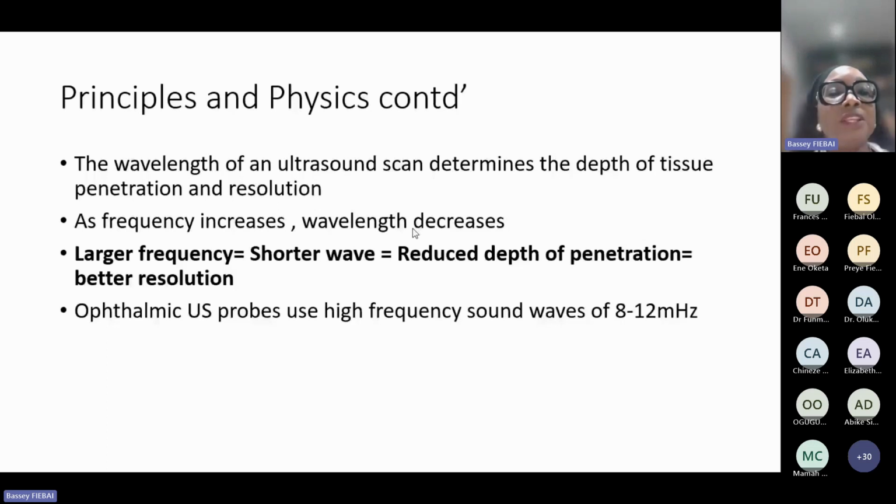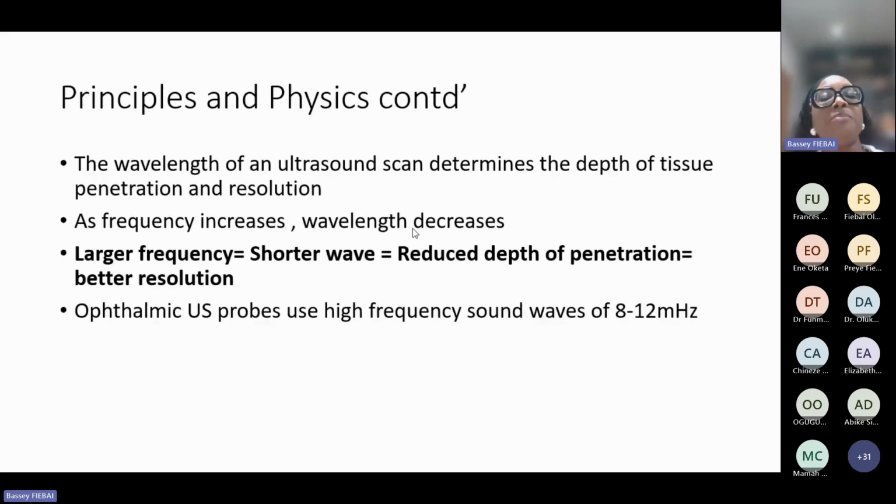So when frequency increases, wavelength automatically decreases. So if you have large frequency, the wavelength will be shorter, your depth of penetration will be reduced, and your resolution will be better. So resolution is better when there's reduced depth of penetration from larger frequencies and shorter wavelengths.